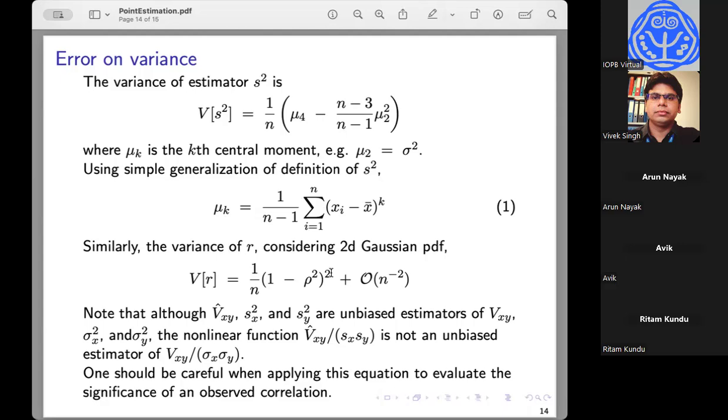Here you can note that though x bar, sigma x square hat and sigma y square hat are unbiased estimators for the mean, sigma x square and sigma y square, this I already told earlier, that the correlation coefficient estimator rho hat is not an unbiased estimator. It is only asymptotically unbiased. So one should be careful when applying this equation, but you can still sometimes use it.